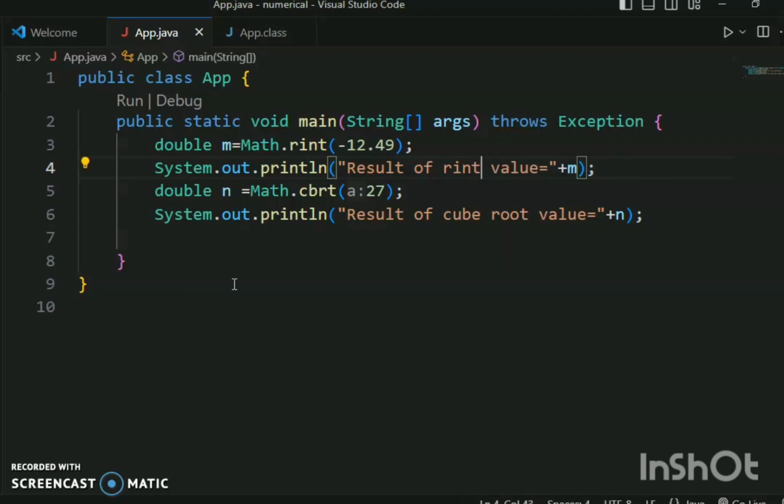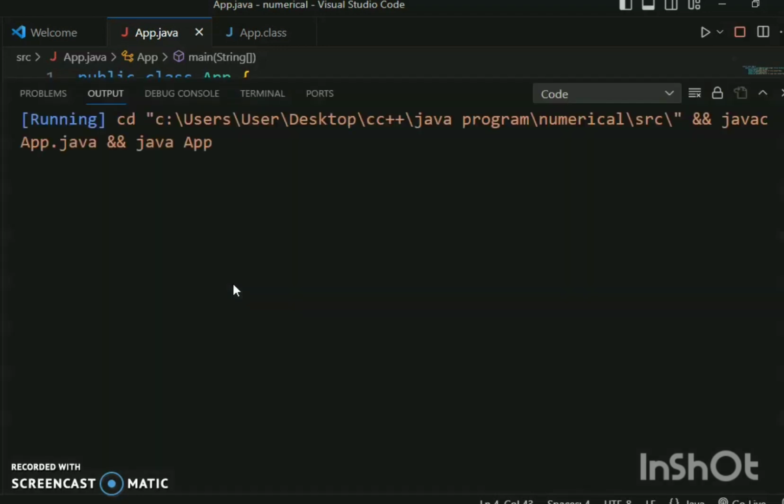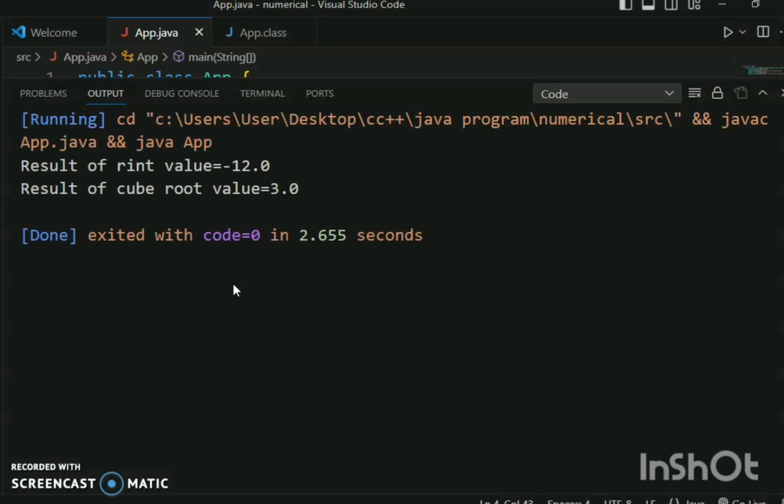I have already told that rint means, if the fractional part lies between 0 and 0.5, then the function will return the integer part of the number. So what is the value of this? Let's see. This is my rint value, minus 12.0.